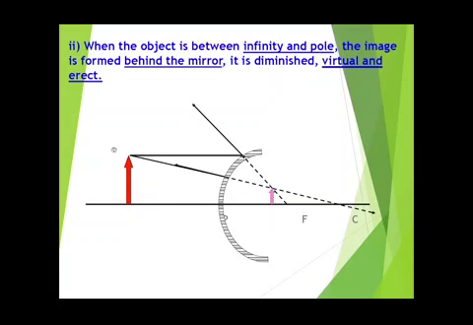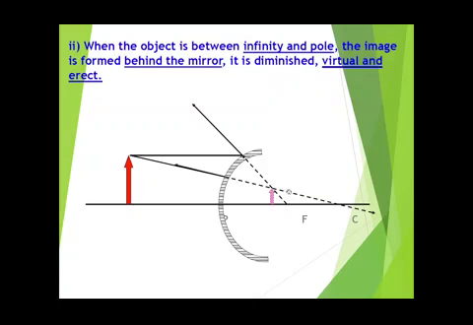So what happens when the object is placed anywhere between infinity and the pole? The rays of light are directed towards the convex mirror. They hit the convex mirror and then they diverge. And these rays of light intersect behind the mirror.